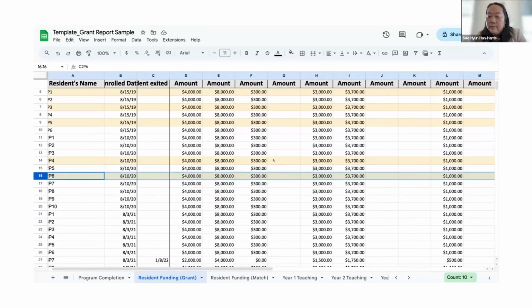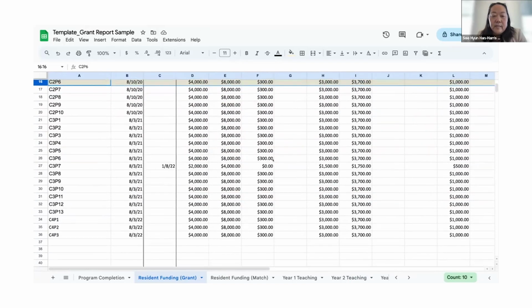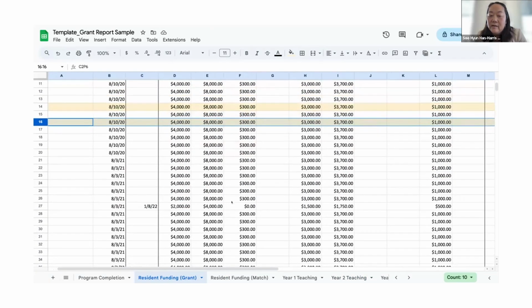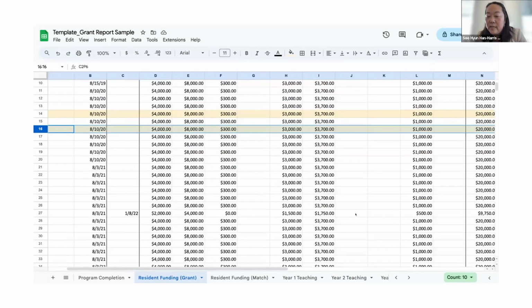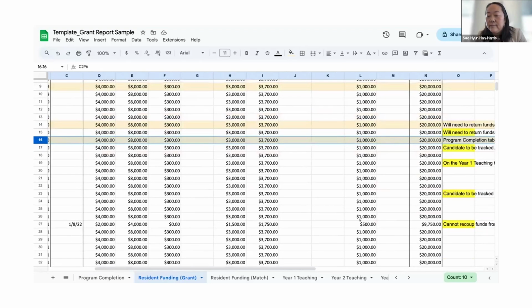I just want to say, here's somebody who we didn't talk about, person 7 from cohort 3, they must have had something where they did not complete the program. And so you can see that their amounts are less. And what we do is we calculate it based on what percentage of the year they've completed or what percentage of the funds they've used, and then we prorate that and put that on here.